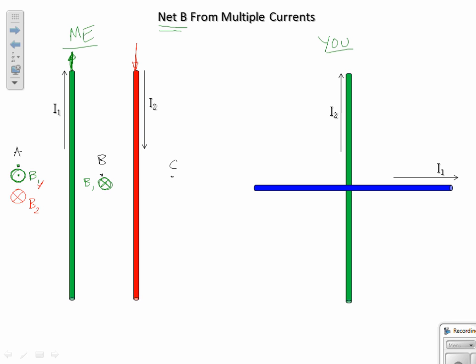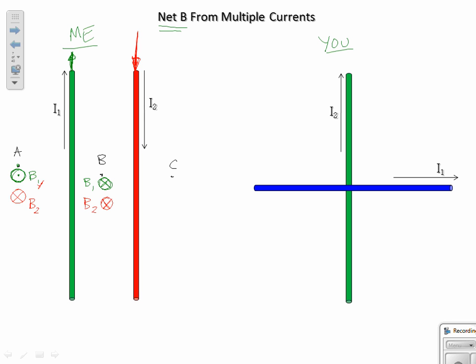Therefore, B1 is into the page. Now, if we go right thumb down, because I2 is down, here's my fingers again at location B trying to jam into the page. So B1 here, B2 here is also into the page.